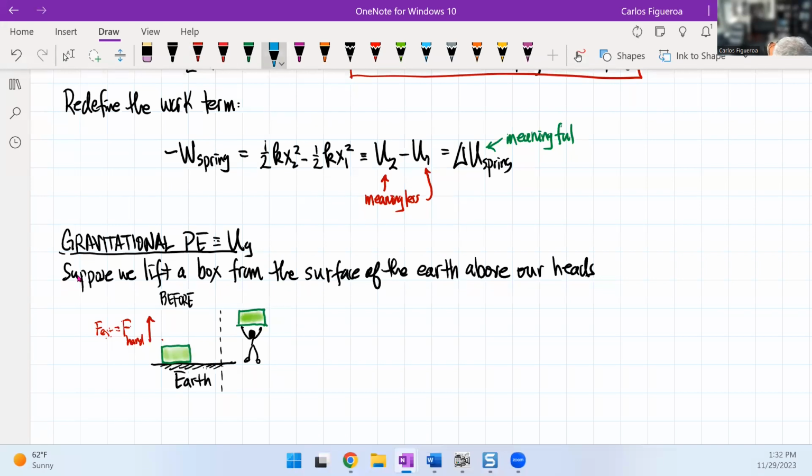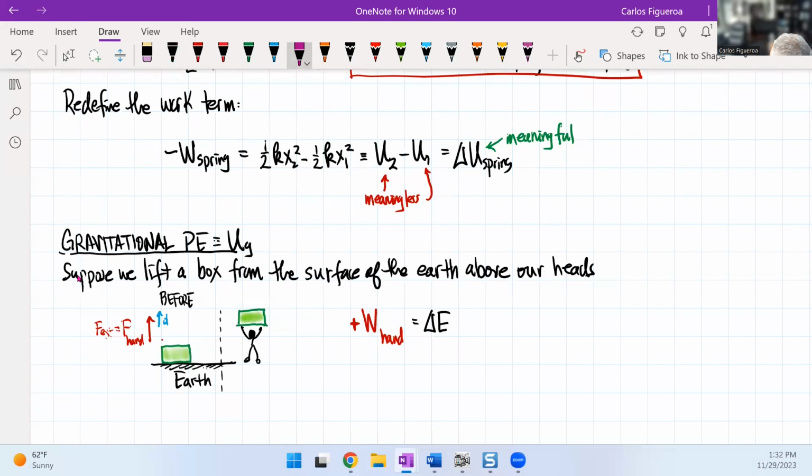Because of this, the force of my hand, or the work of my hand, does positive work. So I could just say that the work of my hand does positive work. And as a consequence, it changes the energy of the box.